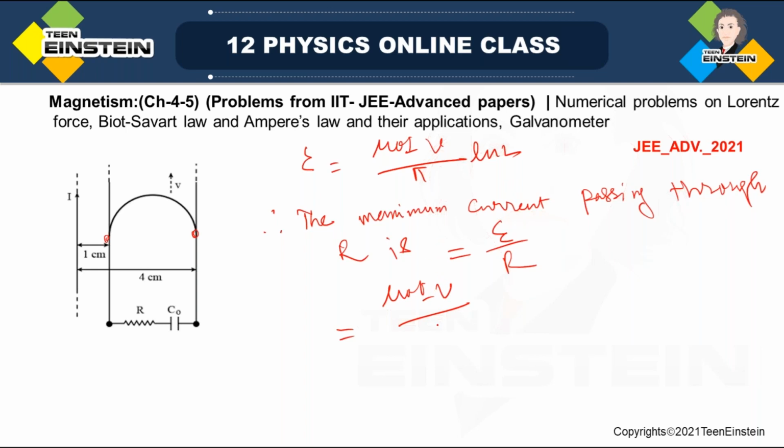Mu0 I V by pi into ln2. So this is the current.